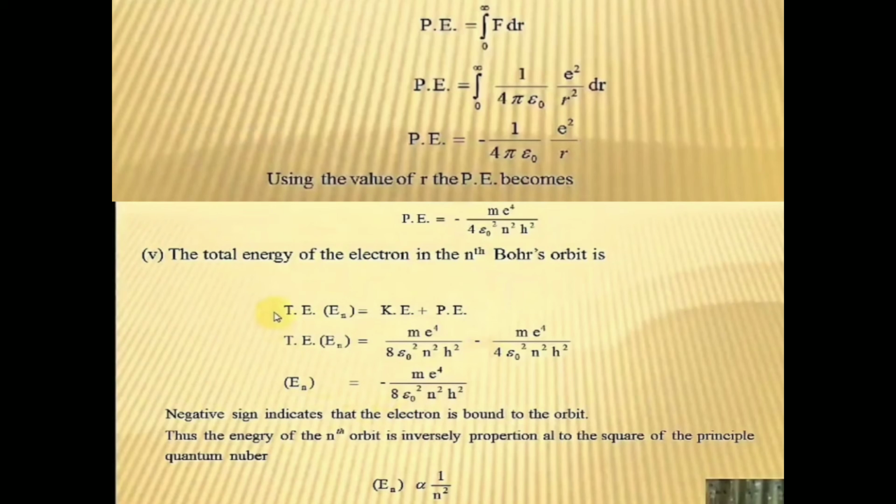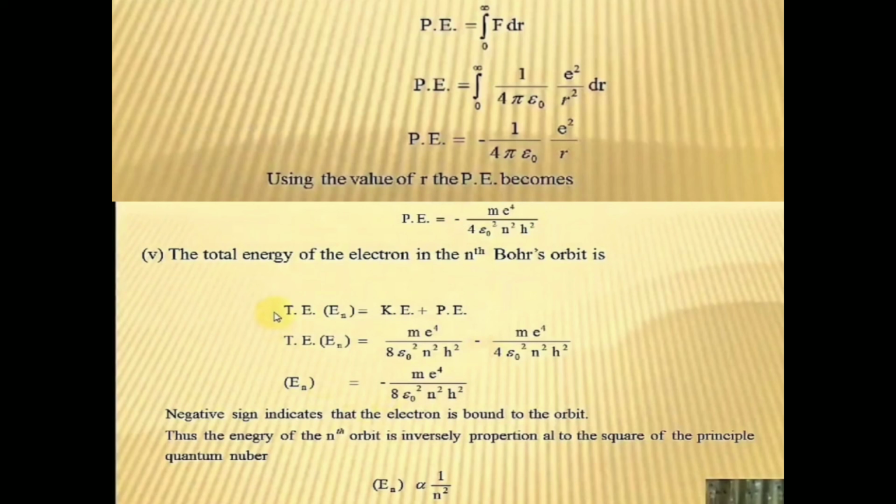Now we have to find the total energy of electron in the nth Bohr orbit, which is equal to kinetic energy plus potential energy. Kinetic energy, we know, is me^4 divided by 8 epsilon 0 square n square h square, minus potential energy, which is minus me^4 divided by 4 epsilon 0 square n square h square.